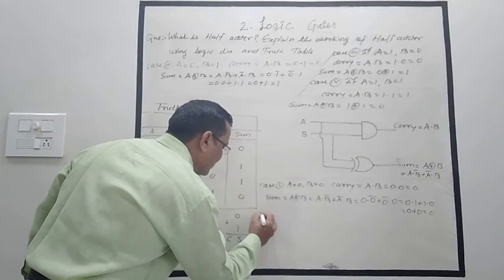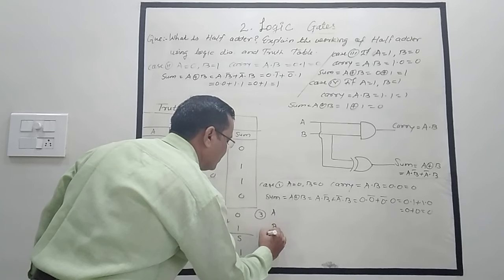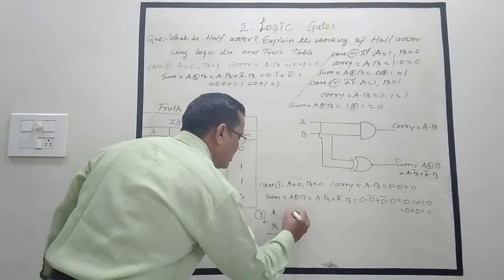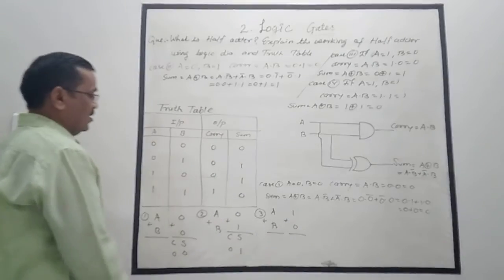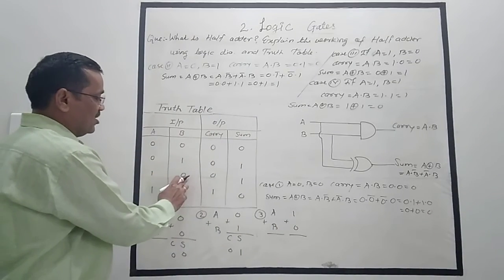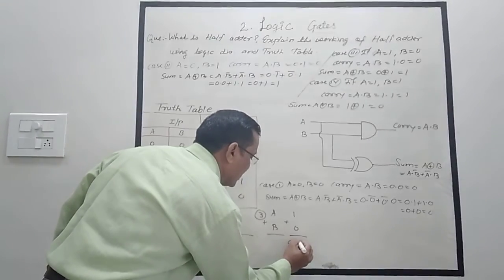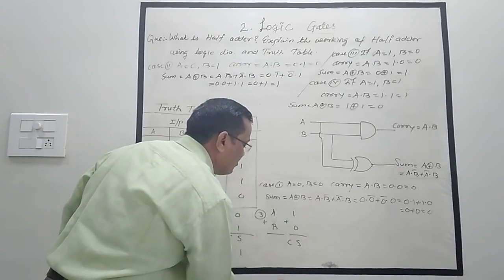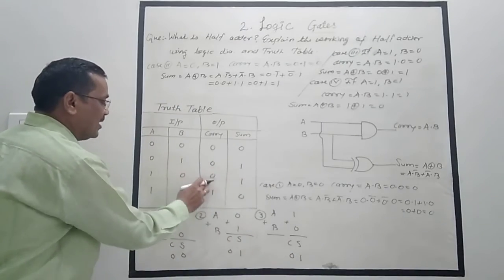Number 3, A plus B addition. A is 1, B is 0. Here it is carry, here it is sum. So 1 plus 0 is 1. Sum is 1, carry is 0.